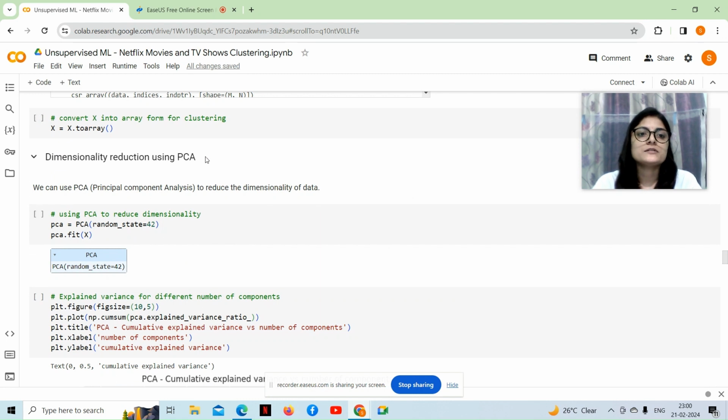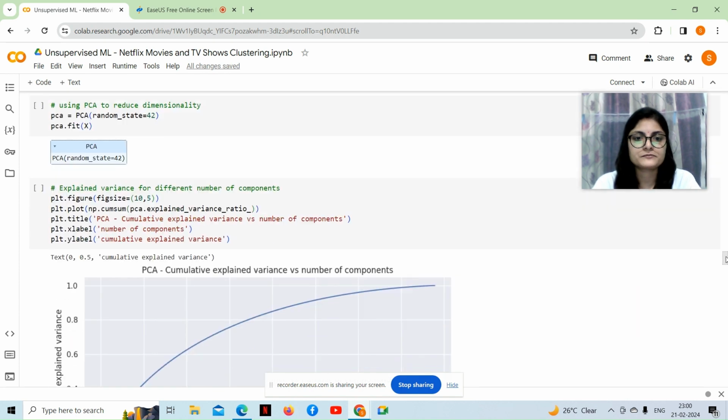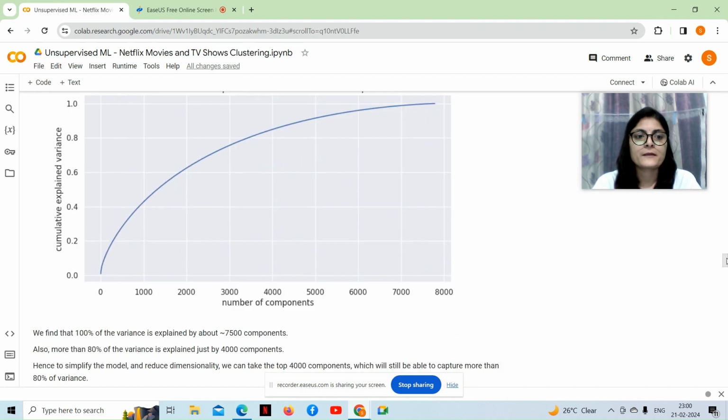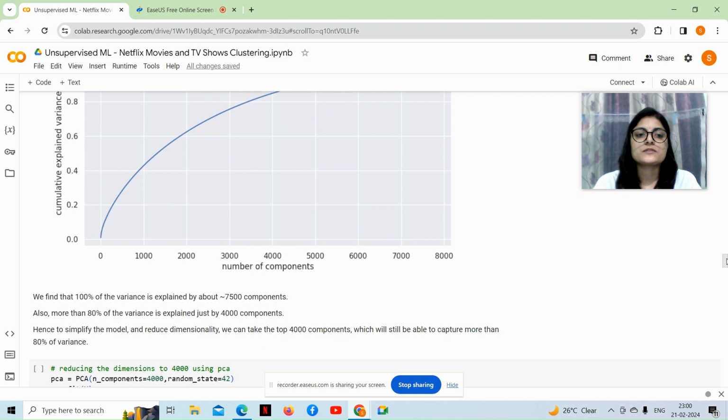Then dimensionality reduction using PCA means using principal component analysis to reduce the dimensionality of data. Basically, what this graph says is we find that 100% of the variance is explained by about 7,500 components, and more than 80% is explained by just 4,000 components.